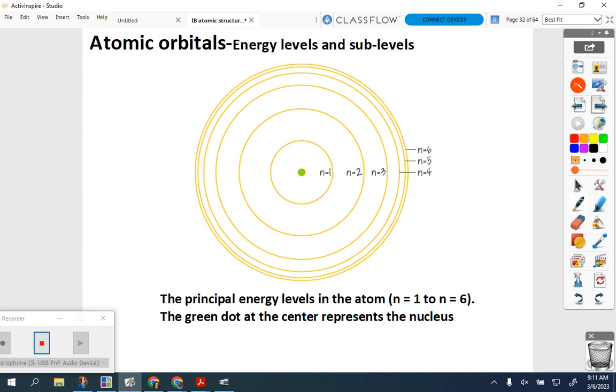Now, we often draw it as if the energy levels, these concentric circles, are equidistant from each other, but that's not how it really works. The distance between energy level 1 and energy level 2 is the largest. That means the jump in energy is the biggest, going from 1 to 2. 2 to 3 is a little bit smaller, 3 to 4 is a little bit smaller, and so on and so forth.